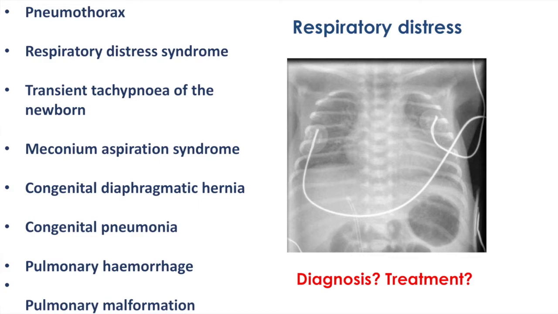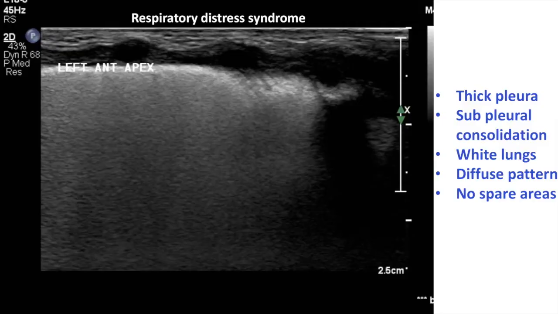It can help you to diagnose pneumothorax, as we just discussed, respiratory distress syndrome, transient tachypnea of the newborn, meconium aspiration syndrome, congenital diaphragmatic hernia, congenital pneumonia, pulmonary hemorrhage, and pulmonary malformation. Today, in view of the limited amount of time we have, I will only talk about RDS and TTN.